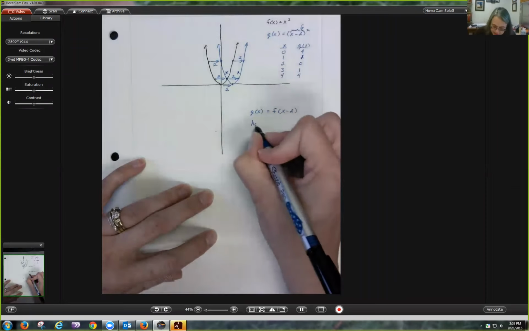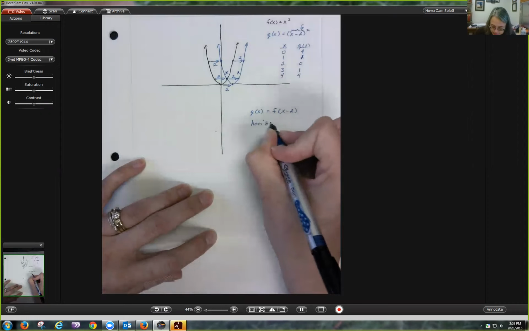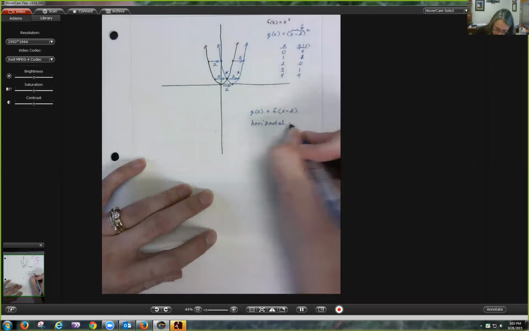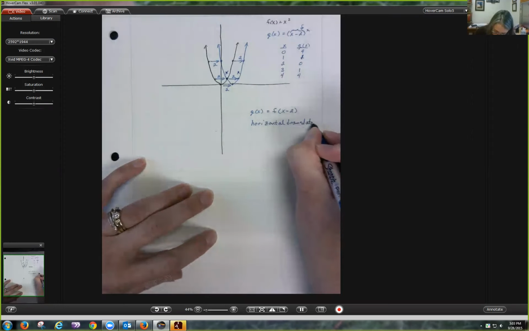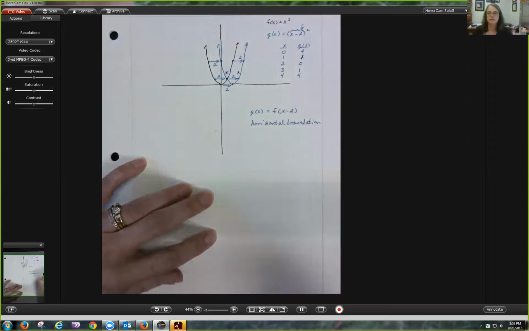This is an example of a horizontal translation.